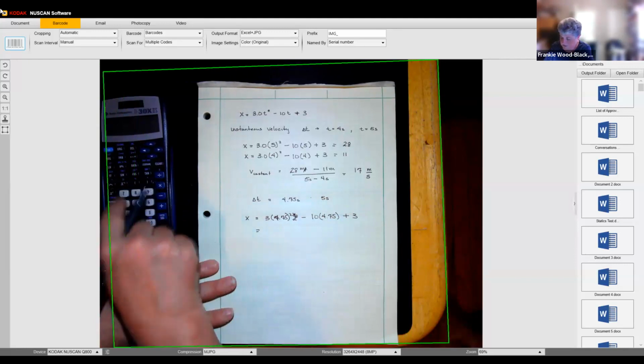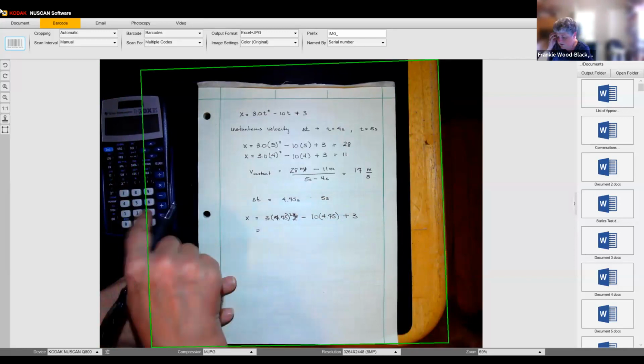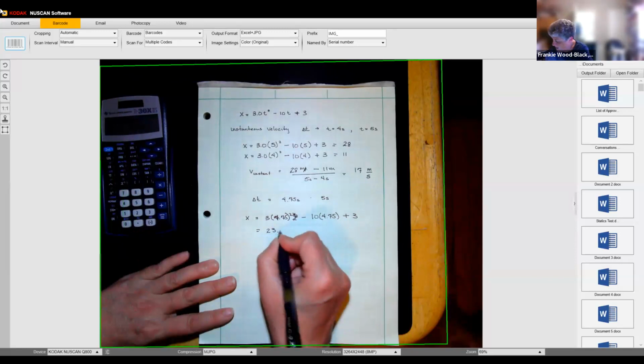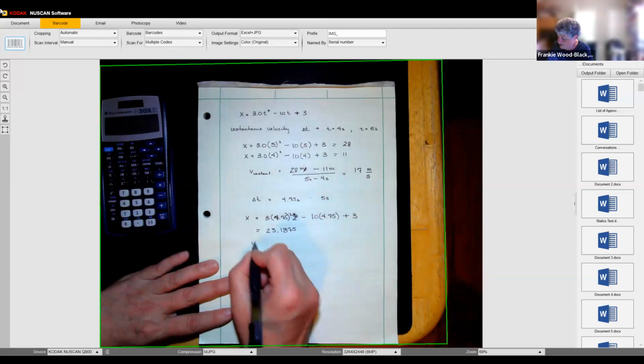Minus 47.5 plus 3 gives me a number of 23.1875.